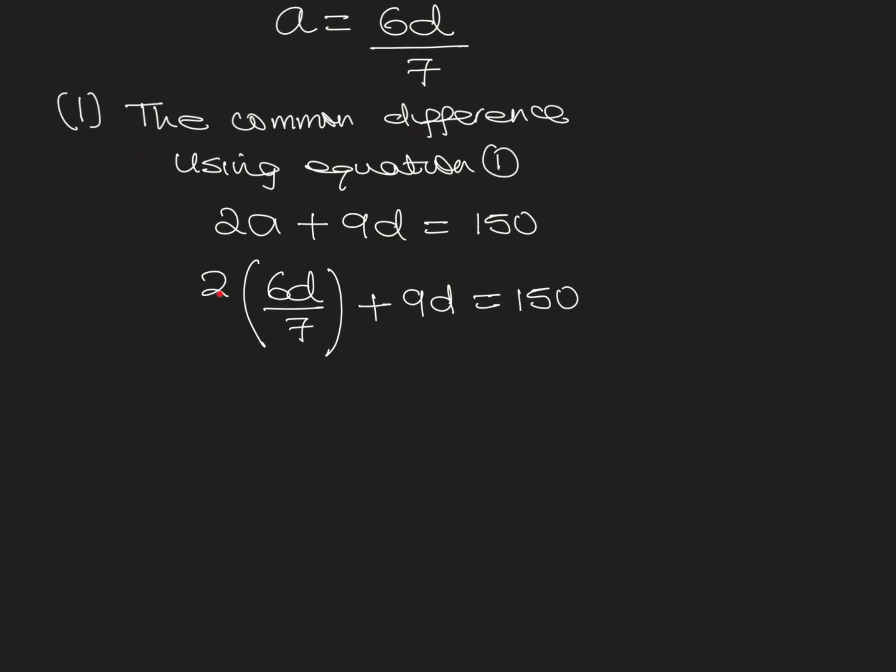So 2 times 6 is 12, so that will be 12d all over 7 plus 9d is equal to 150.